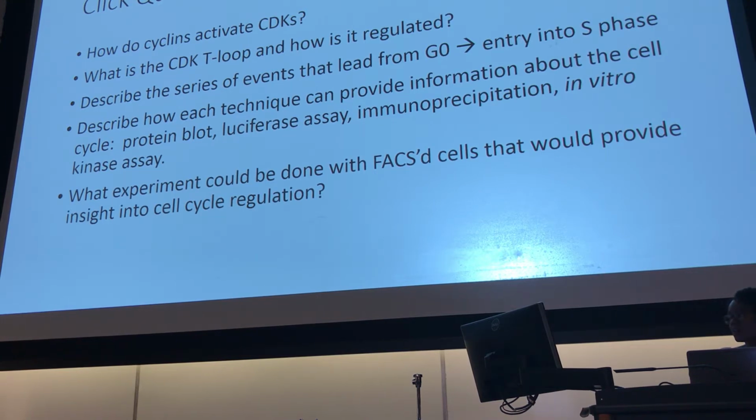Okay. Luciferase assay. Who wants to take a shot at that? What does luciferase tell us? You can take a promoter and attach it to the luciferase gene. Mm-hmm. Then you can actually see what kind of CDK or whatever else will induce transcription of luciferase. And depending on what CDK is active and what cyclins are present, you can see what would transcribe luciferase.